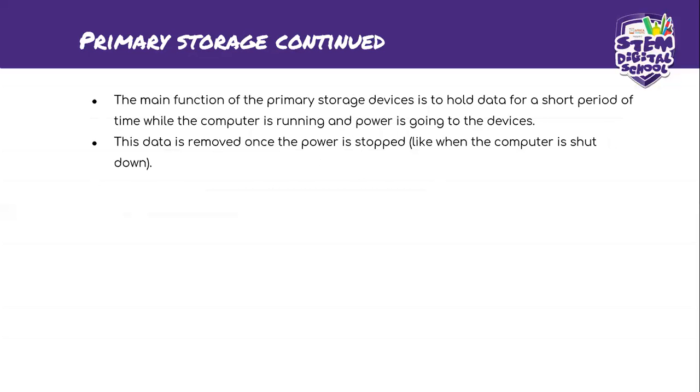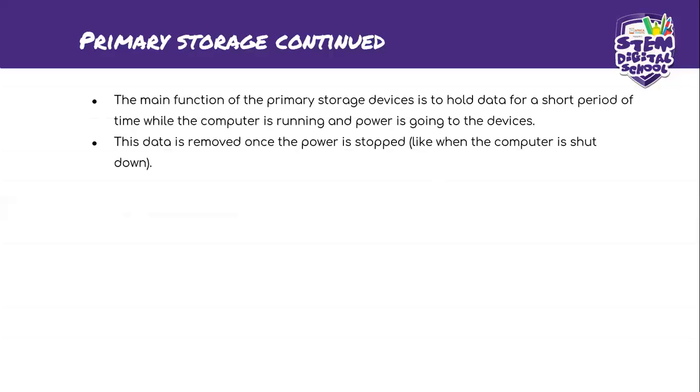Now, the main function of the primary storage devices is to hold data for a short period of time. So you are giving instructions to the computer, you're doing something with the computer.